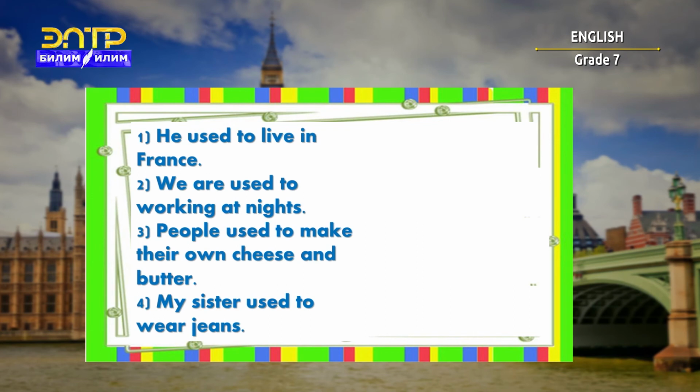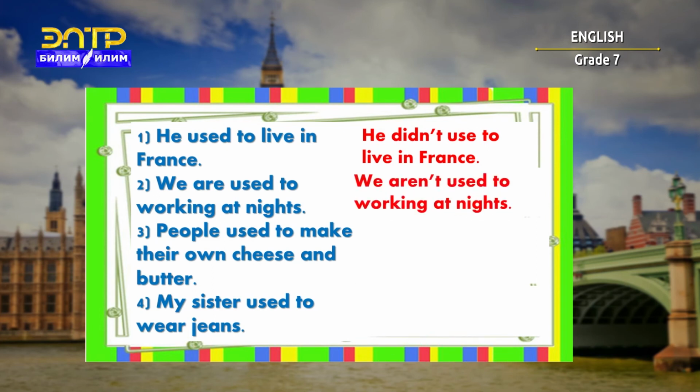Time is up. Have you finished? Let's check and compare your answers. So the first sentence, he used to live in France. And the negative one will be, he didn't used to live in France. The second sentence, we are used to working at nights. And the negative one will be, we aren't used to working at nights.